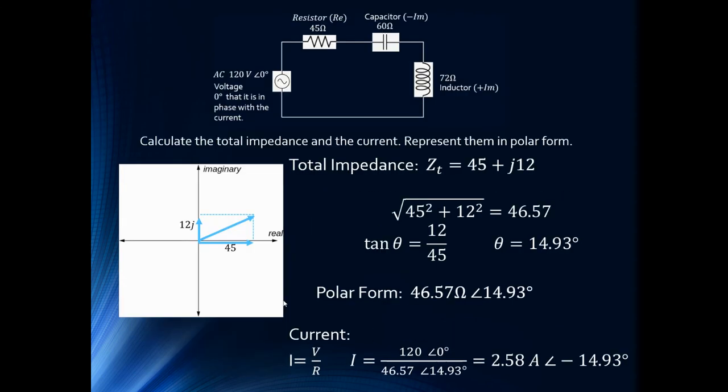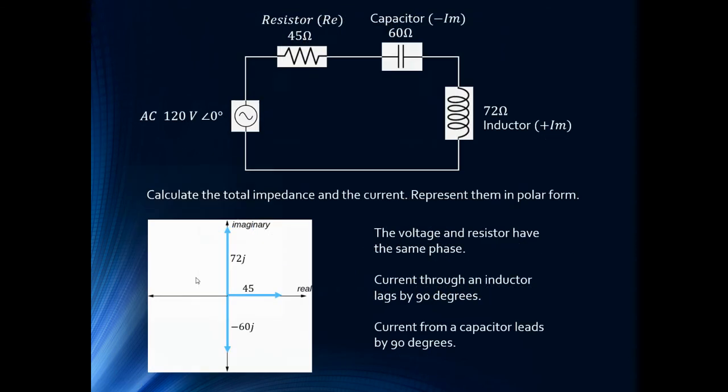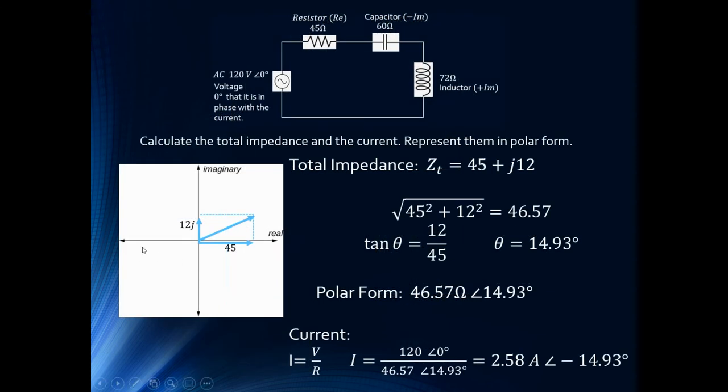So first things first, you can see that I added our positive imaginary and negative imaginary numbers. So the 72 and negative 60 became 12. And then I calculated the total impedance. So this is 45 plus J12.